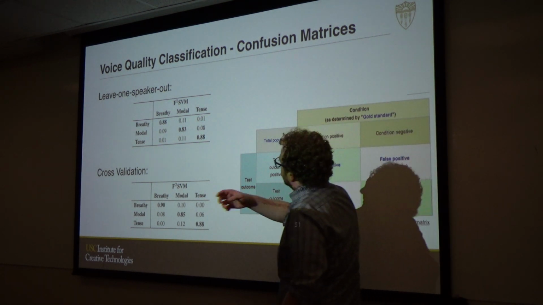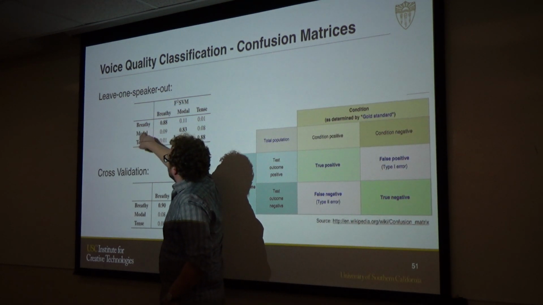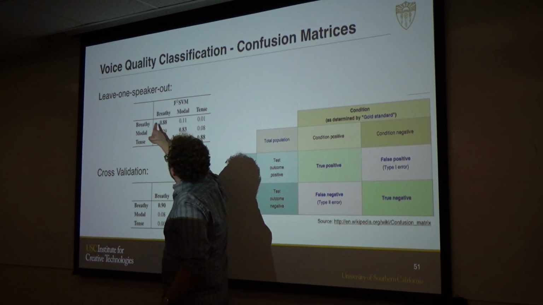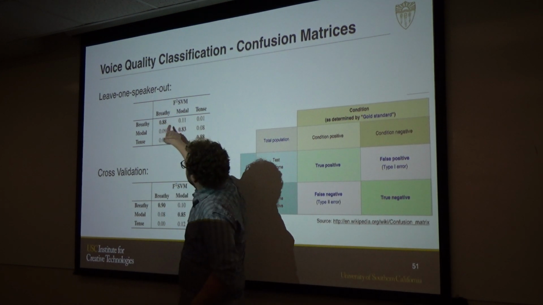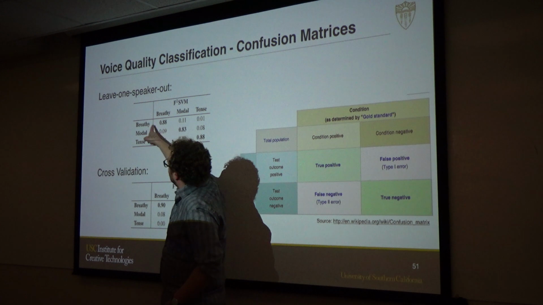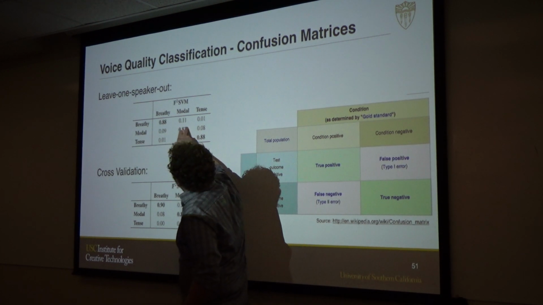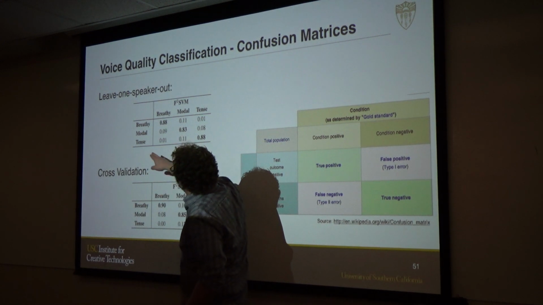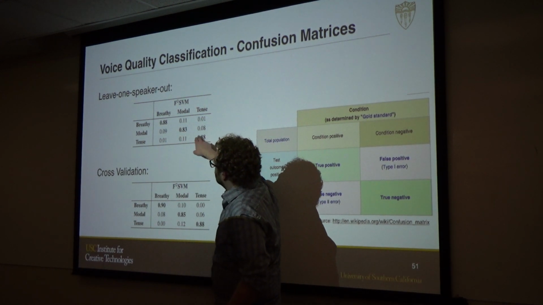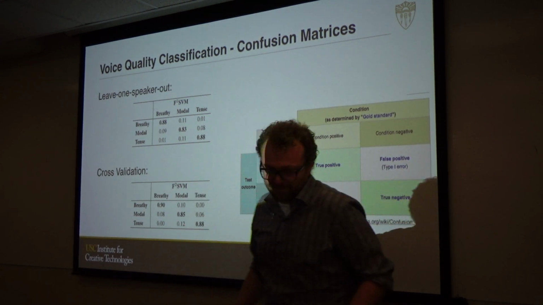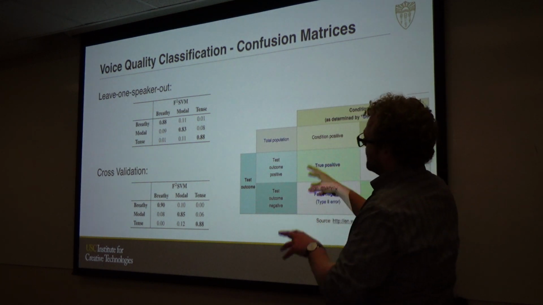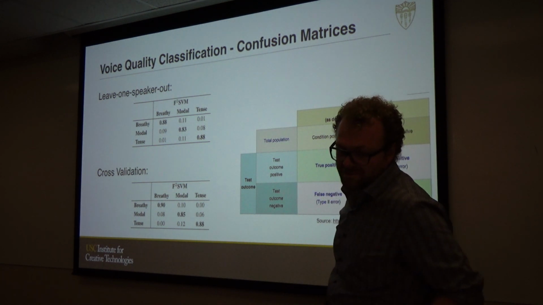These are our observations, these are the ground truths. When we predict breathy, most of the time they are breathy. If we predict modal, most of the time they are modal. And if we predict tense, they are most of the time tense as well. So this was one of the ways that we reported our results.